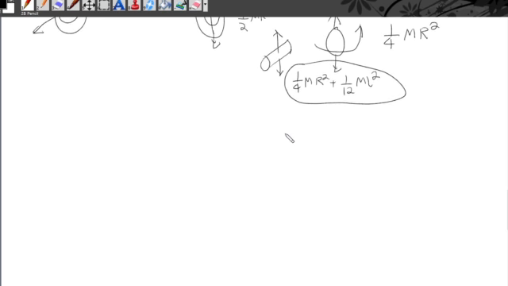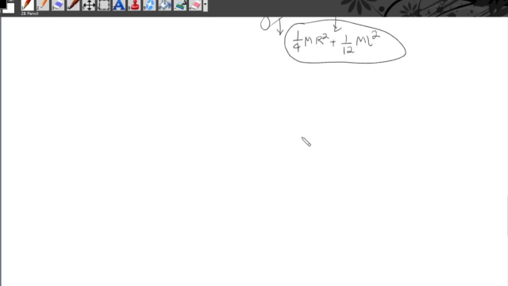Finally, for moment of inertia, there are also two important theorems. The first one is the parallel axis theorem, and it states that the moment of inertia is equal to the moment of inertia at the center of mass plus the mass times the distance from the center of mass squared.